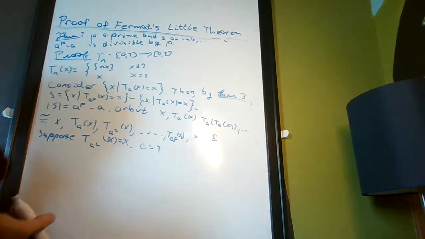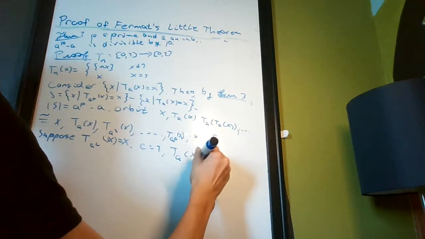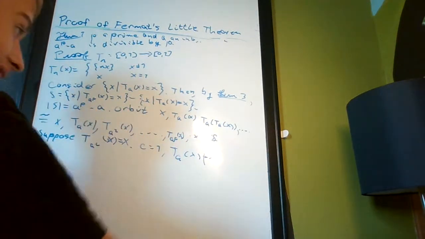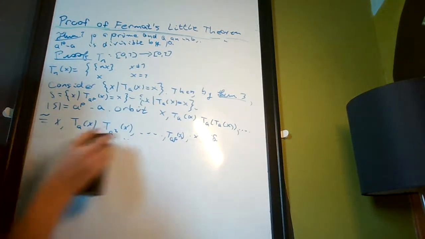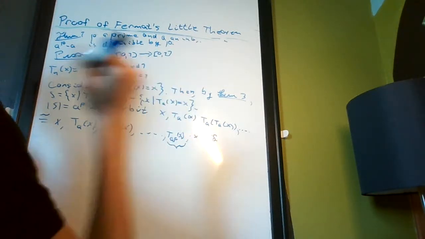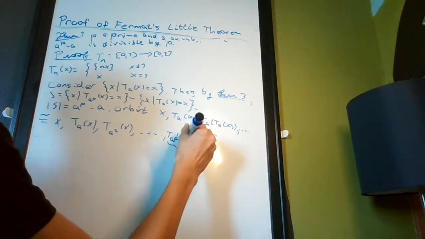A contradiction, since we said that TA of x equals x is not allowed, because that's the definition of the set S. So now we know that most definitely TA to the p of x is the final fixed point in this orbit.